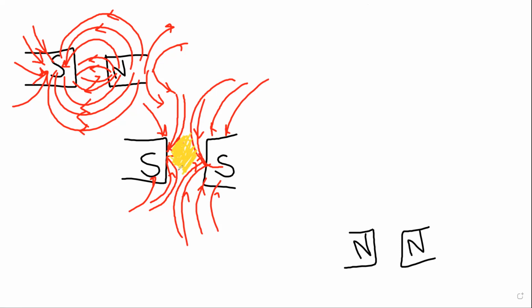There's a space here because they come like a curve and go far from each other. If you have north and north, they are going out from the north, so they come like this. This is how it will be for the same poles and for the different poles.